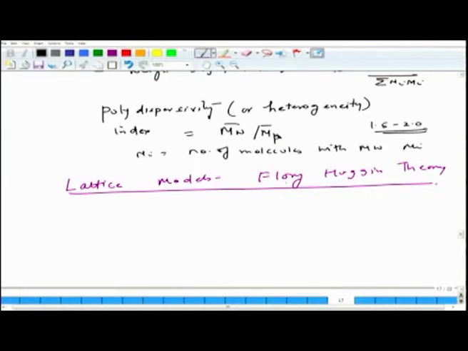Flory and Huggins took the assumptions as follows. The first important assumption is that the system is athermal. So, that means the solution is athermal.